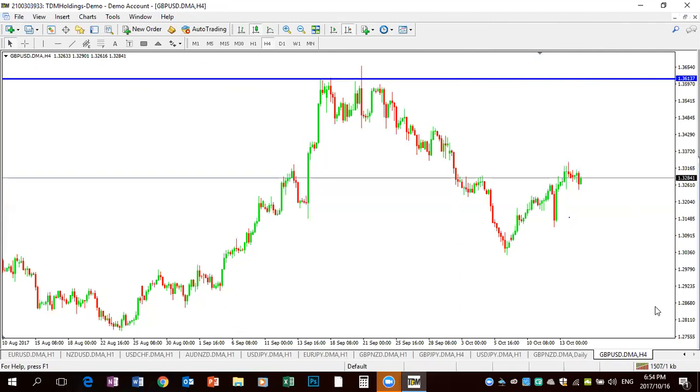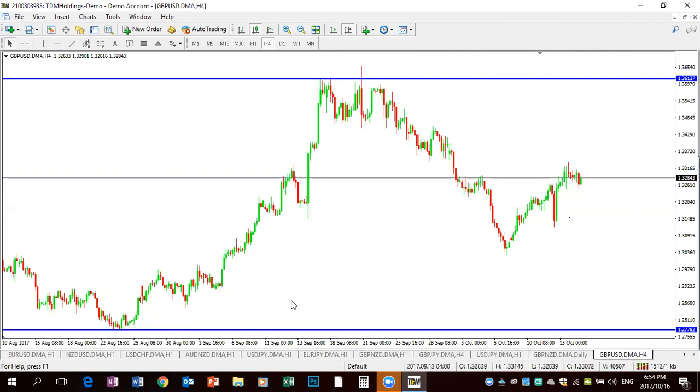All right, that is my horizontal line. If I want to draw another horizontal line, I can take it and draw down there. Now my horizontal line helps me to get the price.